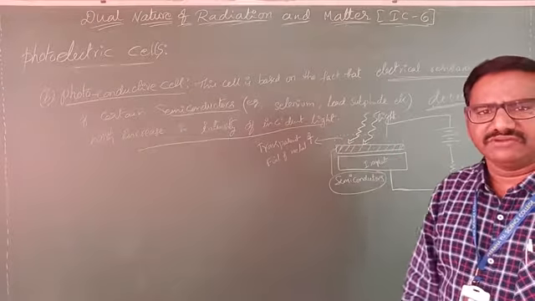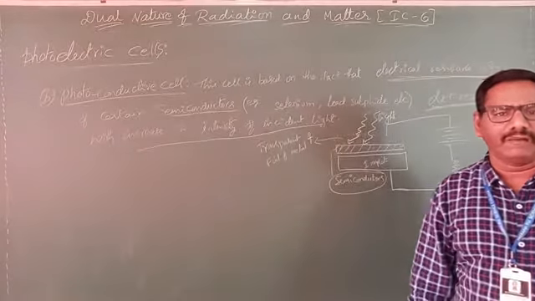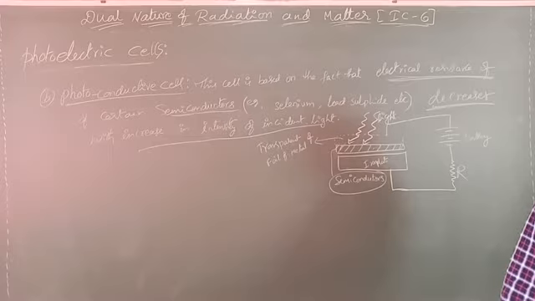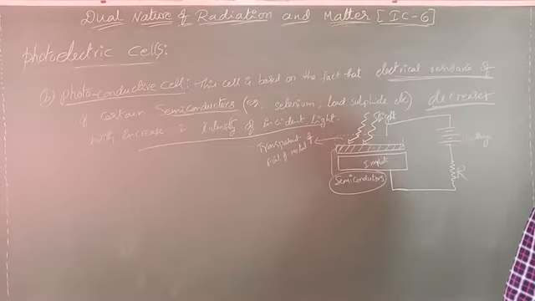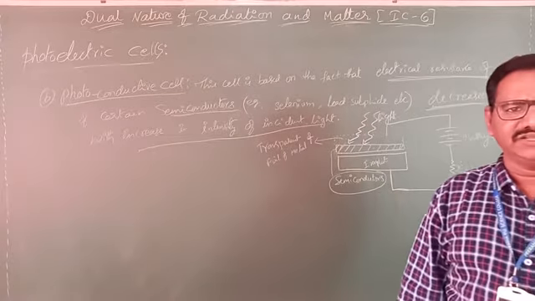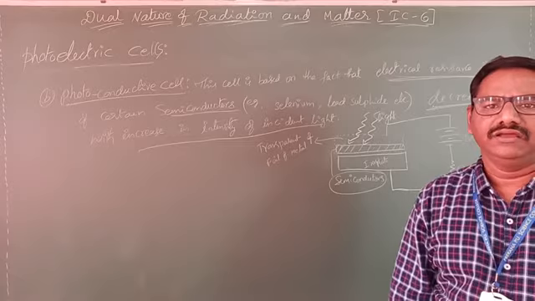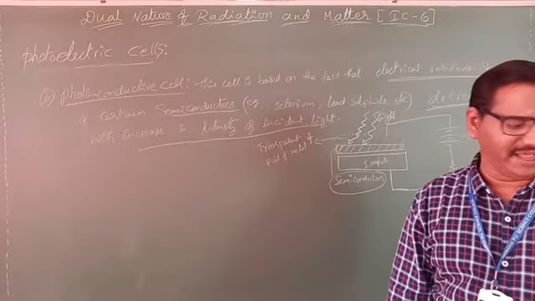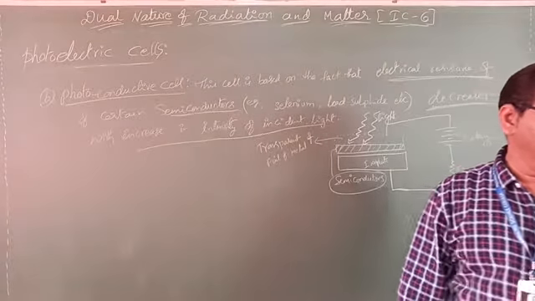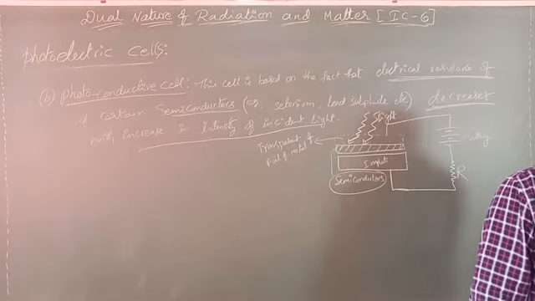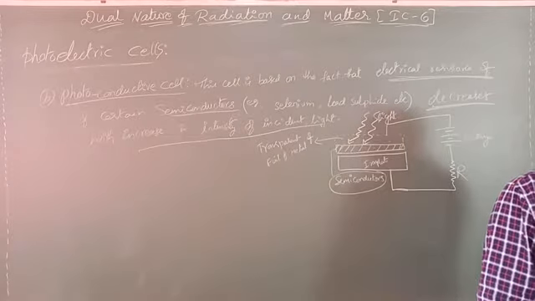It will take some time gap. This is the main drawback. The current changes with intensity of incident light, but with some time lag. That's why it is the main defect, and that's why it is used very rarely.